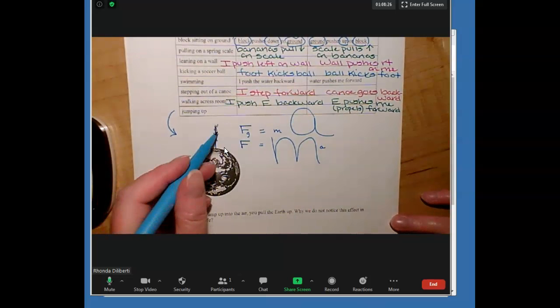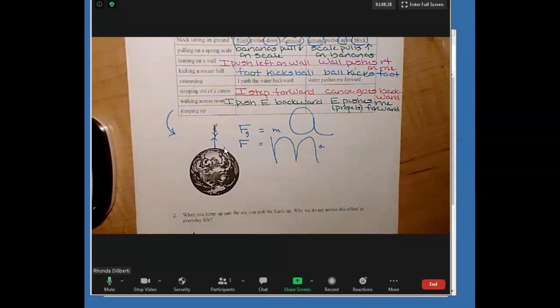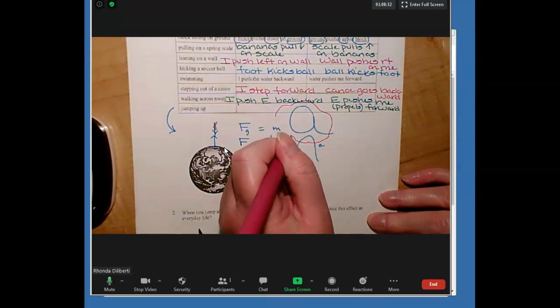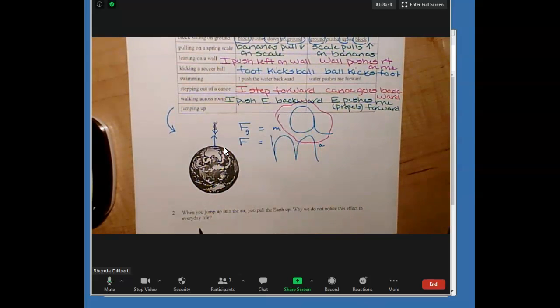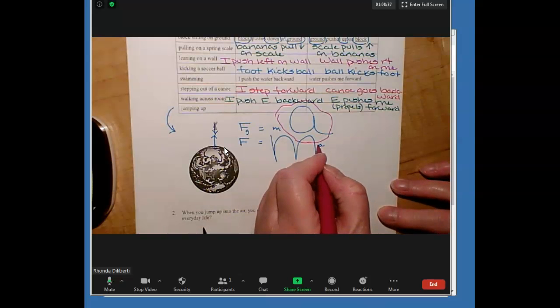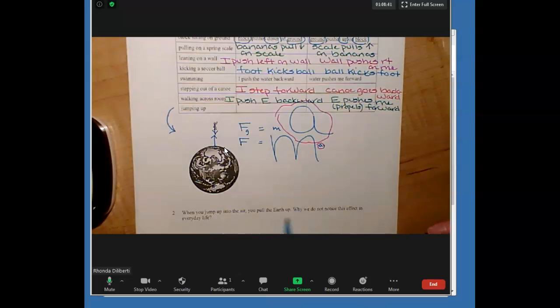That means that when I jump up, all you ever notice, all you see is my big acceleration falling back down. You don't see the earth's teeny acceleration going up towards me.